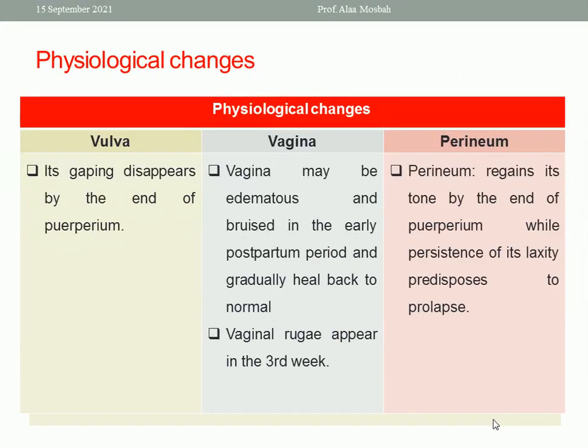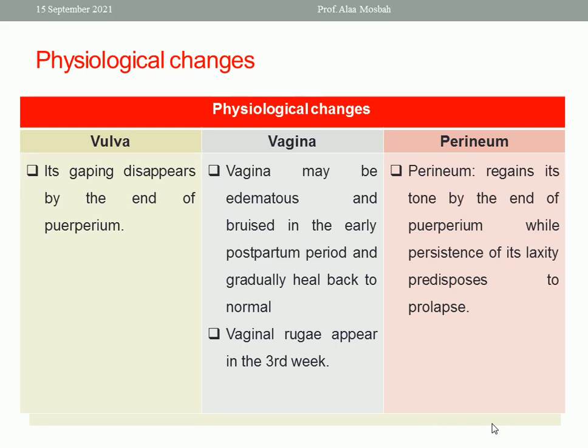What about the vulva? Its gaping disappears by the end of puerperium, and any edema and ecchymosis are relieved gradually. Vagina may be edematous and bruised in the early postpartum period and gradually heals back to normal, and the vaginal rugae appear in the third week.